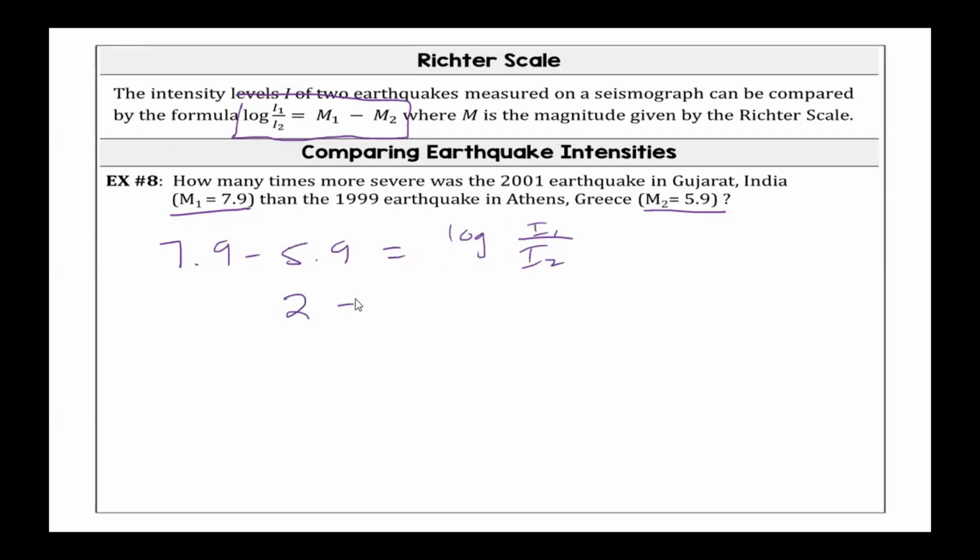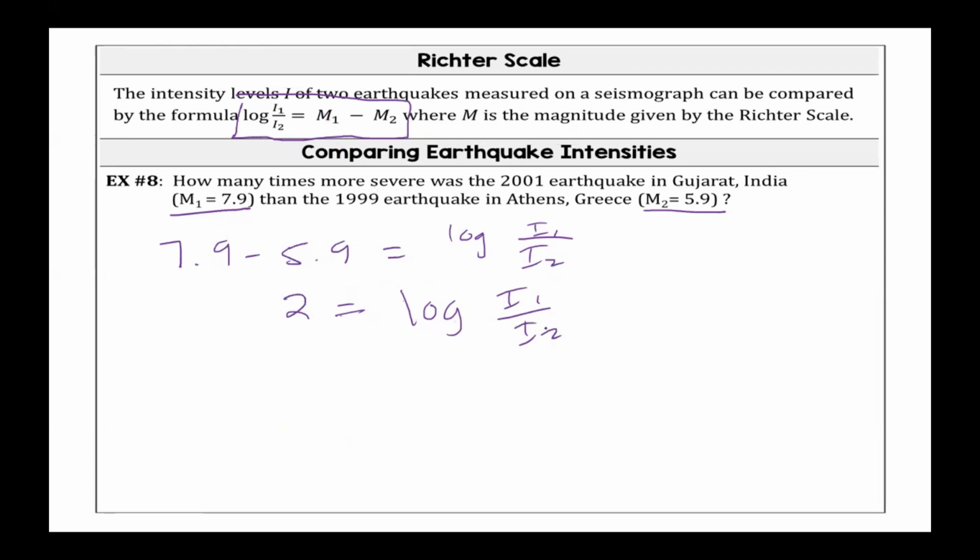All right, so back to what we're doing. So here, grab the pen. So we get 2 equals, and now we're left with log of intensity 1 divided by intensity 2. Essentially here, our job is to get the intensity by itself.